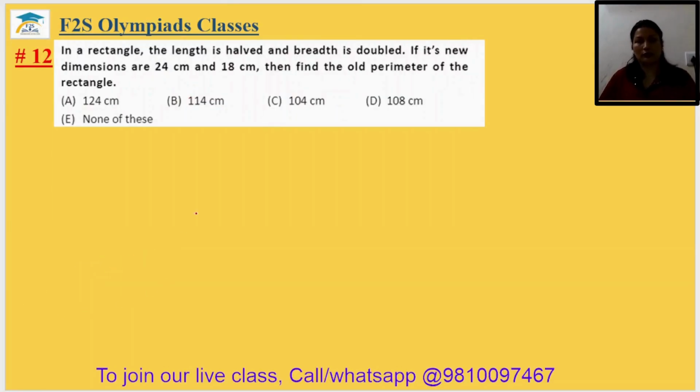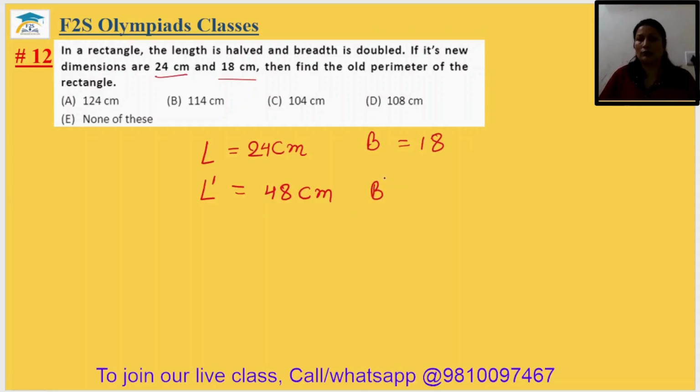Come to question number 12. In a rectangle, the length is halved and breadth is doubled. If its new dimensions are 24 centimeter and 18 centimeter, find the old perimeter. Okay, so the new length is given, 24 centimeter. Suppose old length is L dash. Since the length is halved, it means the old length will be double of it, that is 48 centimeter. The new breadth is 18.